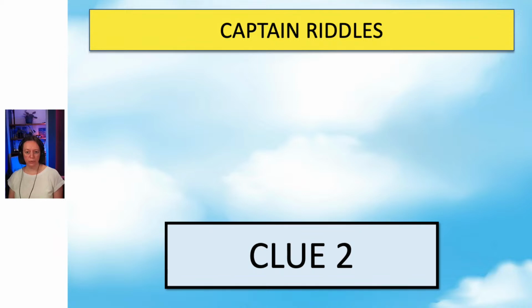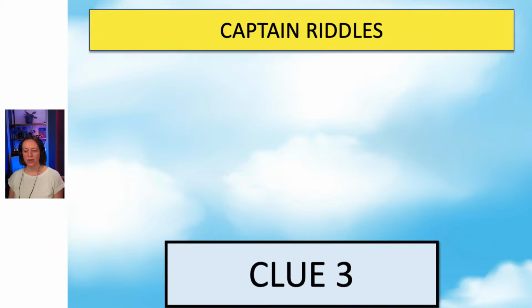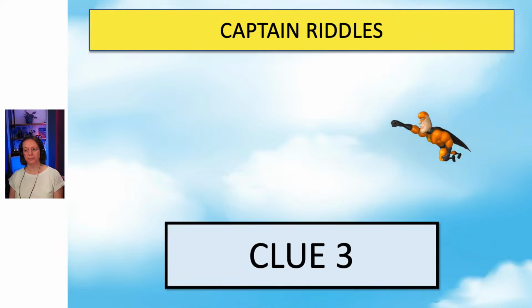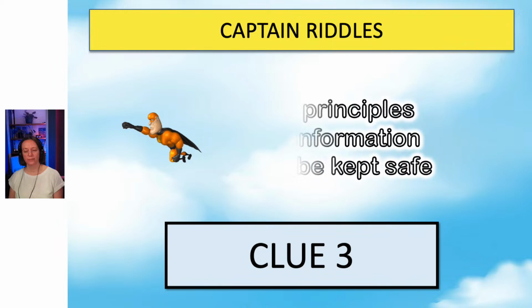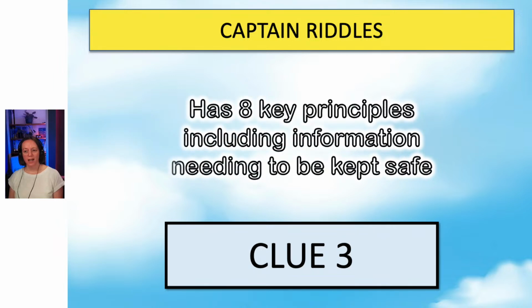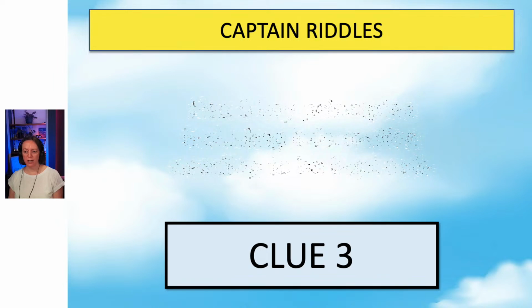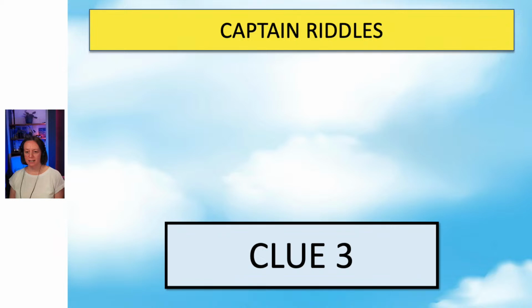So these rules include online and paper-based information of a personal nature. And clue 3, final clue: has 8 key principles, including information needing to be kept safe.